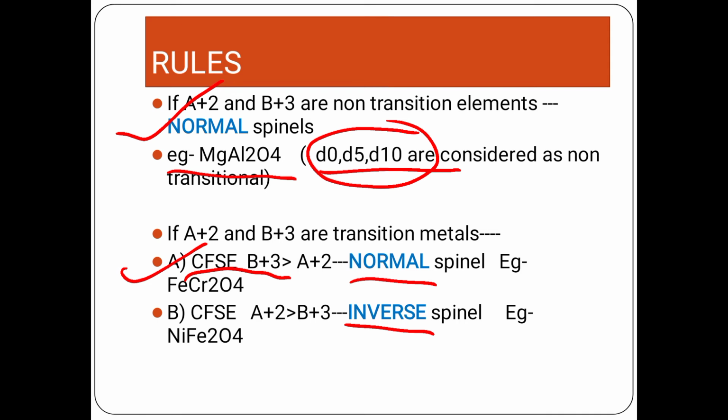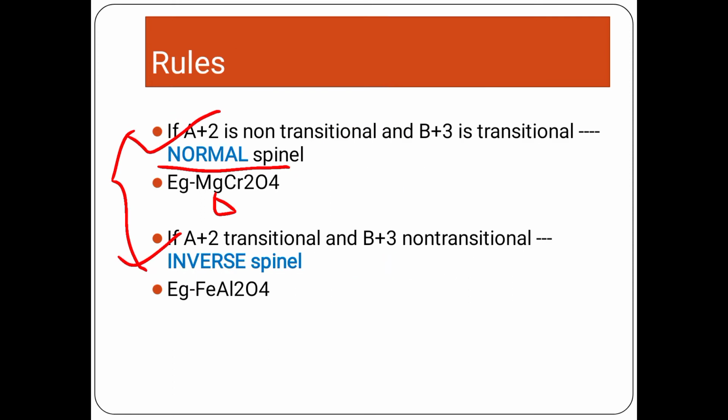If the CFSE of A plus 2 is greater, you call it inverse spinel. And the third important rule is if one element is transitional and the other one is non-transitional. One rule you remember, the other one is just the reverse of it. Suppose your A plus 2 is non-transitional and B plus 3 is transitional, you call it normal spinel. The reverse of it is inverse spinel.